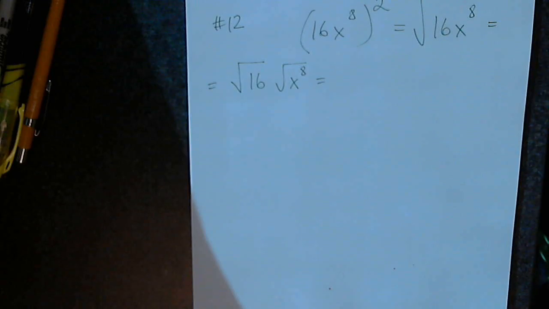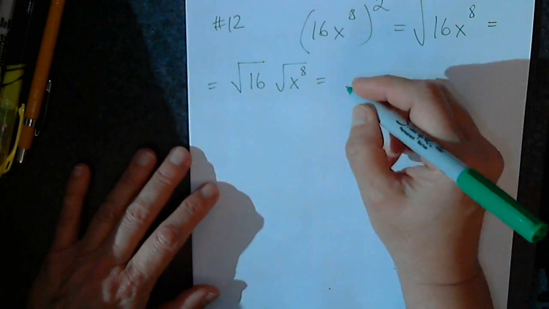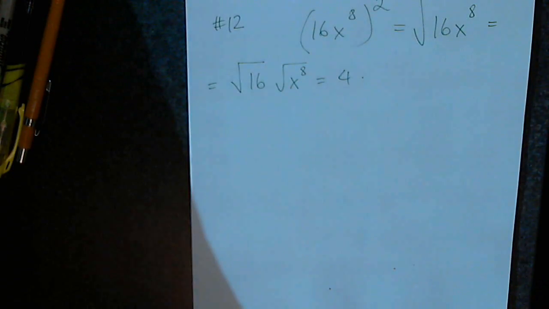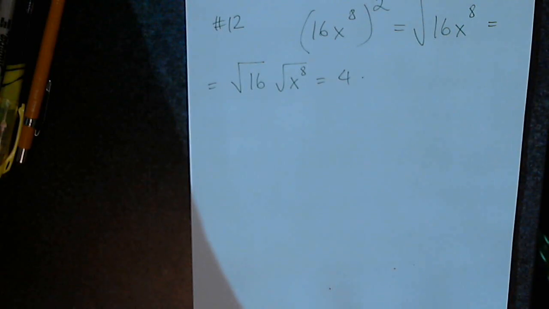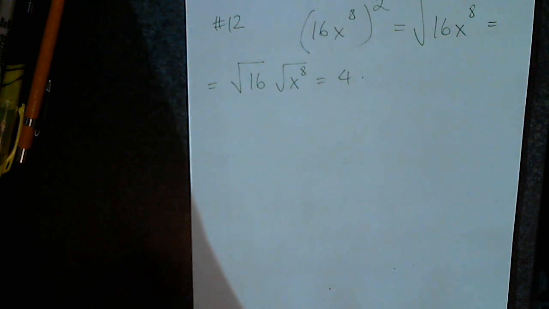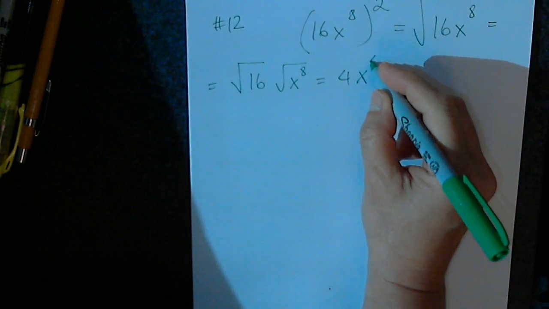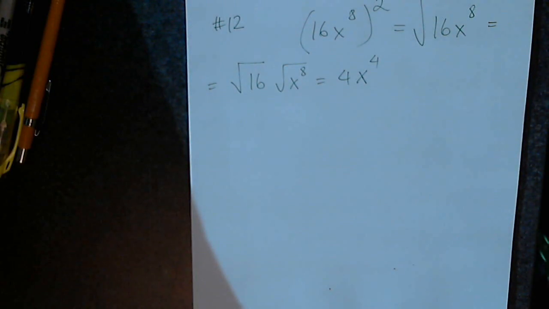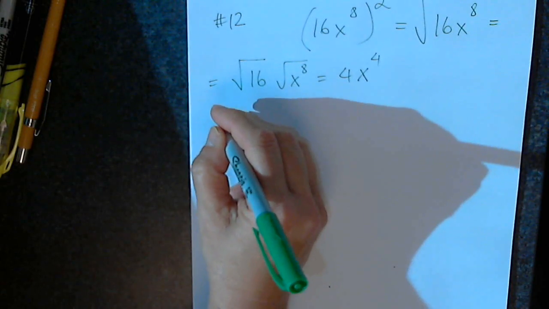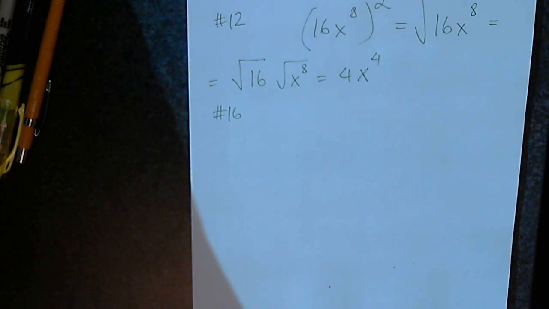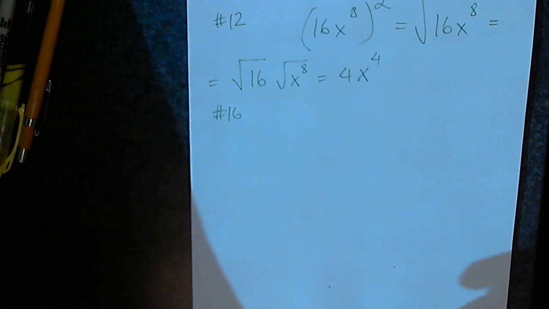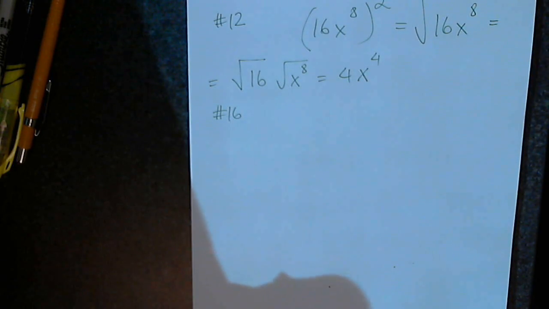So the square root of 16 is 4. And now I'm applying another rule that allows me to simplify the square root of x to the 8th as x to the 4th. Any questions?